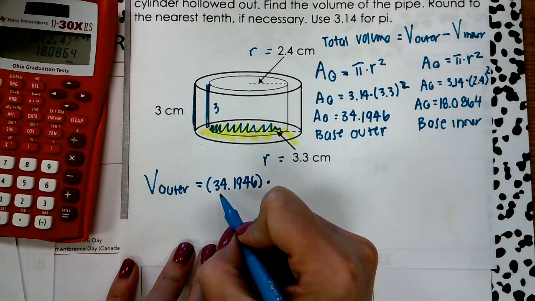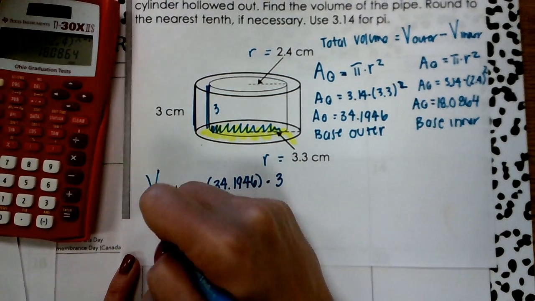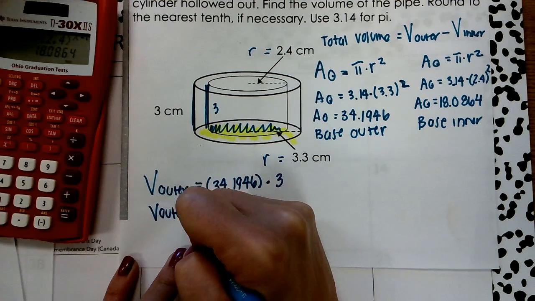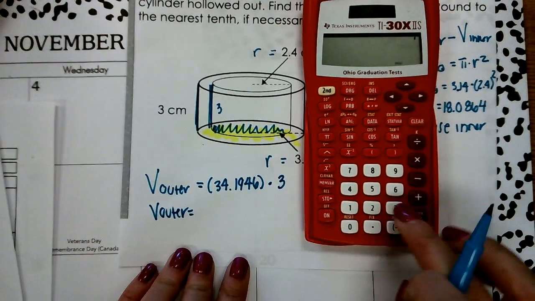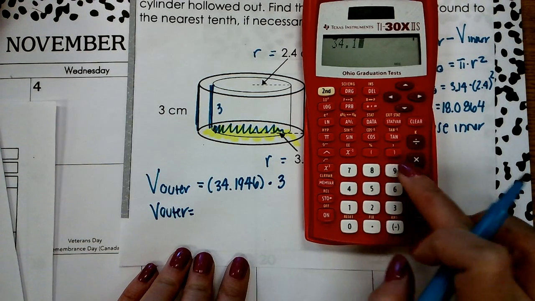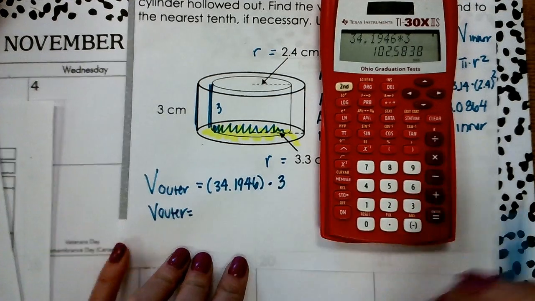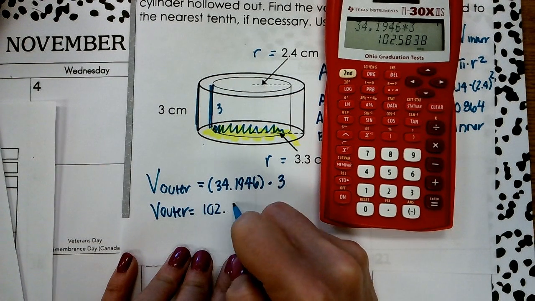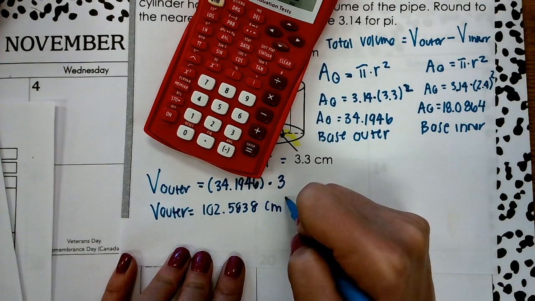So we're going to do 34.1946 times 3. So the volume of the outer cylinder is equal to, we're going to put this in our calculator, so 34.1946 times 3. So we get 102.5838 centimeters cubed.